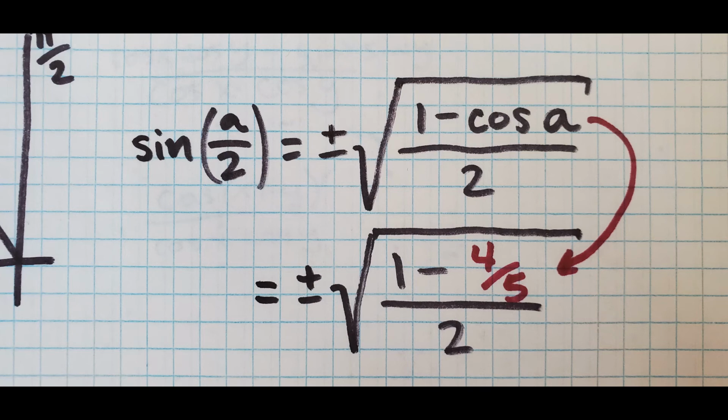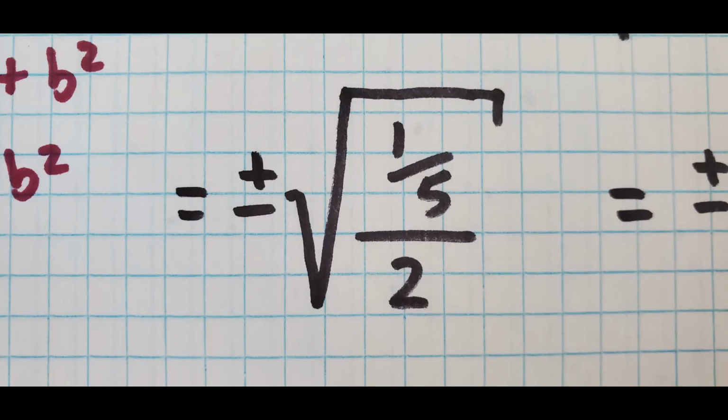So cosine of A in this situation is just 4/5 because it's adjacent over hypotenuse. So that's how I end up with this. Now from here, it's just reducing this with clever algebra. If you have a whole pizza and you take 4/5 of it away, you're going to be left with 1/5. We're going to cut that in half. Half of 1/5 is 1/10.